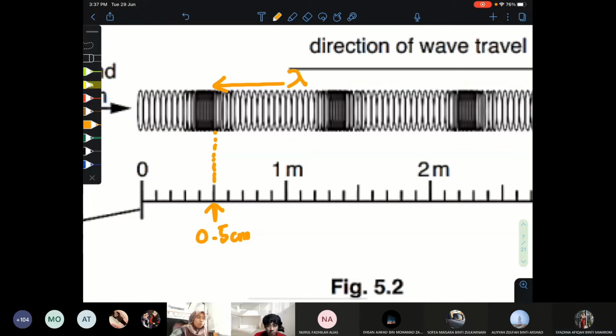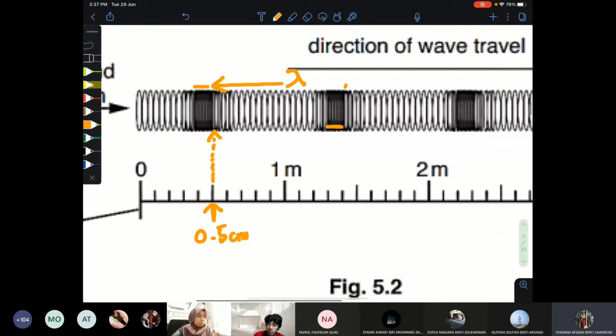That is not yet one wavelength because we started after the rarefaction. So this is rarefaction. So where must you stop? The first one after the rarefaction. So which is that point there? Okay. So what is this?